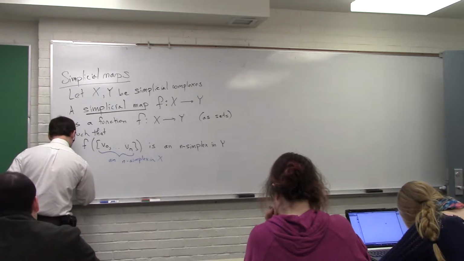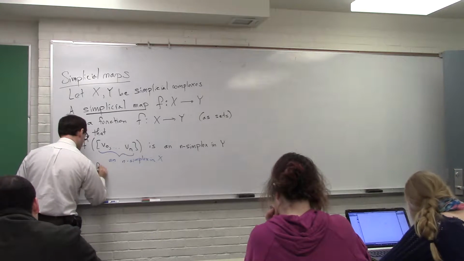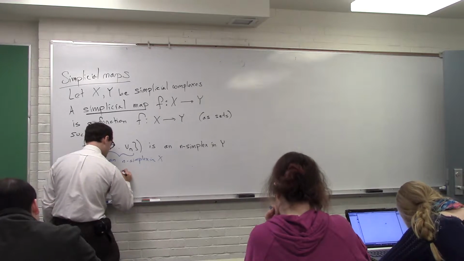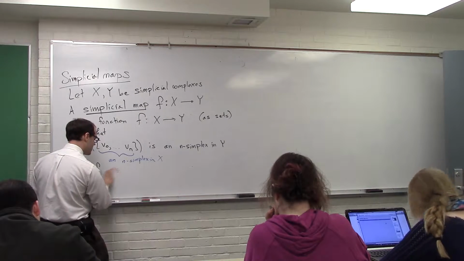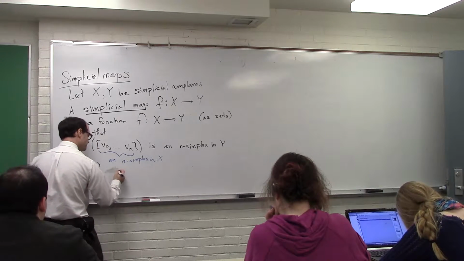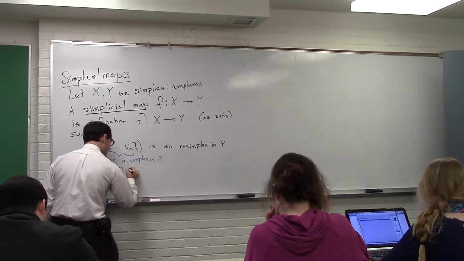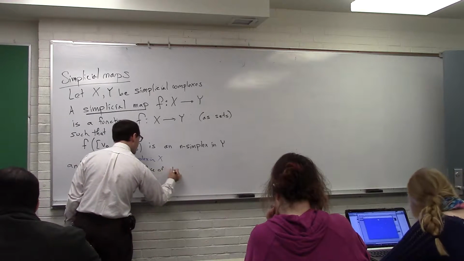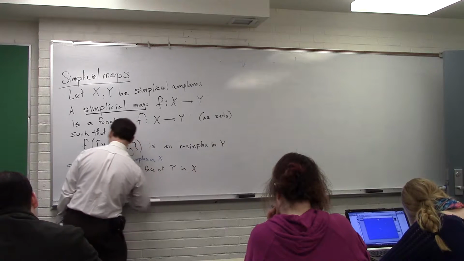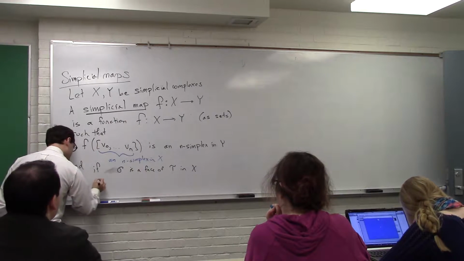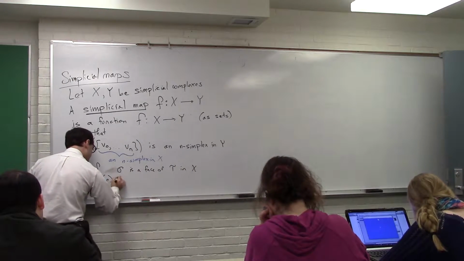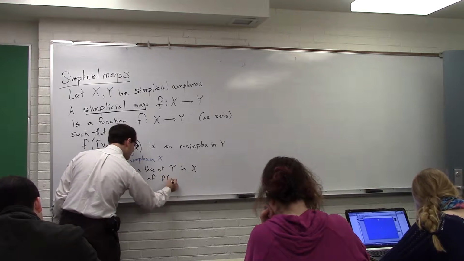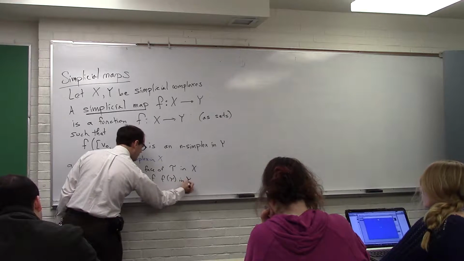And if I've got one simplex as a face of another, so let's say sigma is a face of tau in x, then f of sigma is a face of f of tau in y.